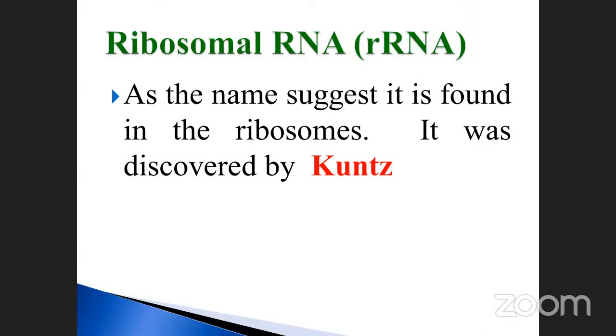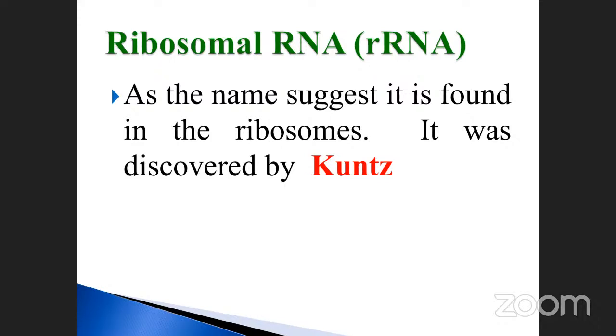Now we are going to see one by one. Ribosomal RNA is the first one. Ribosomal RNA is made up of the ribosome. The ribosome has 2 subunits. It was first discovered by the scientist called Kunz, discovered by Kunz.